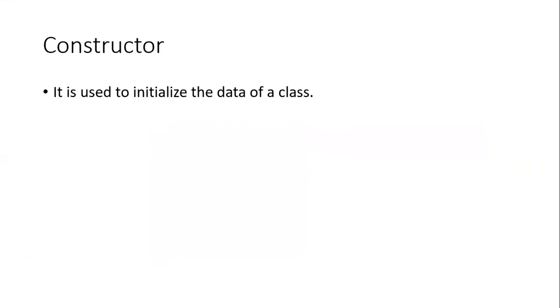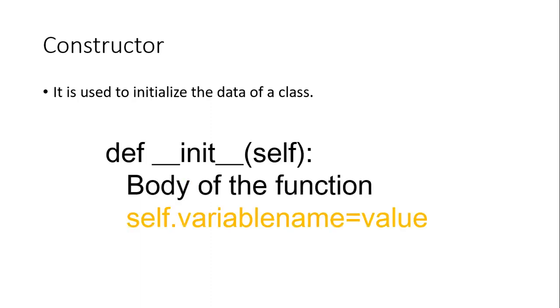Now we are going to discuss a very important concept of object-oriented programming called the constructor. A constructor is a special function used to initialize the data or the properties of the class. In Python it's a bit different: you don't have to write the name of the constructor as the class name, but you define it using the keyword def and the special method __init__.